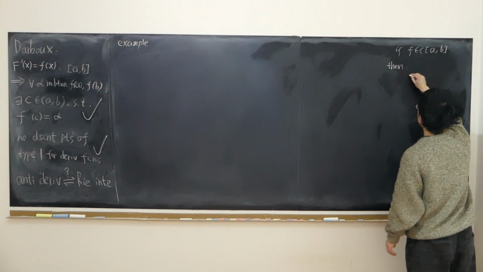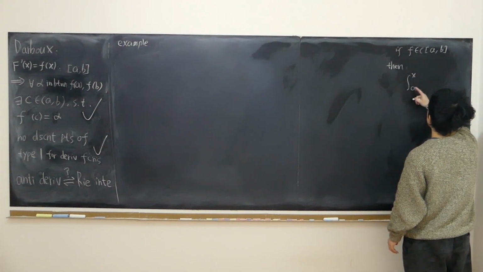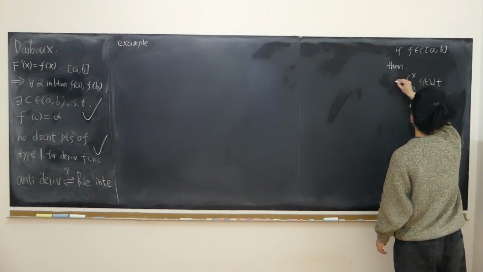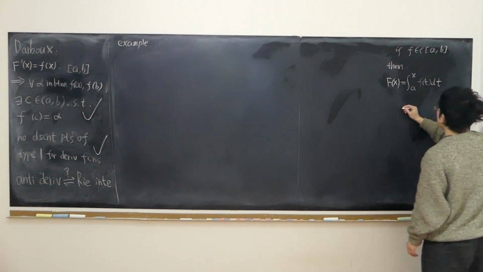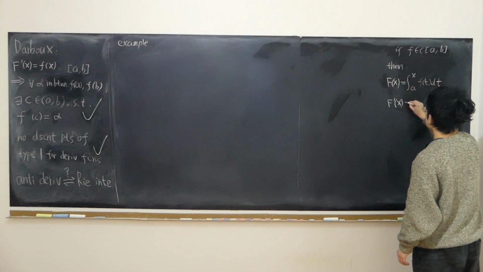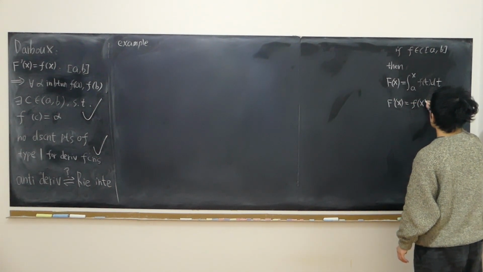Let's say the integral with fixed lower bound and changing upper bound, f(t) dt, is denoted as capital F of x. Then we can show that capital F dash is equal to little f of x.